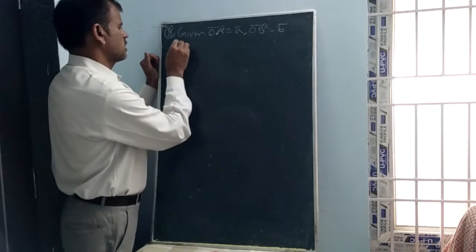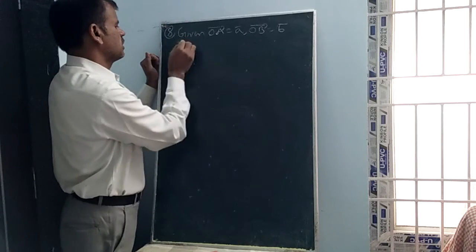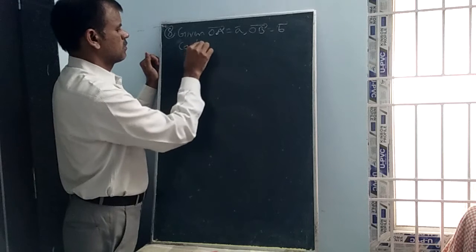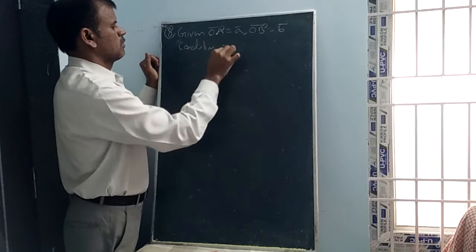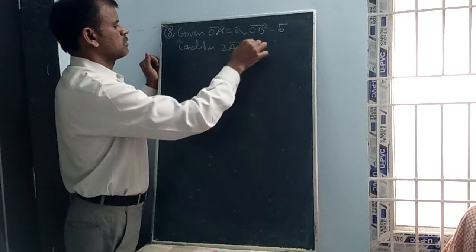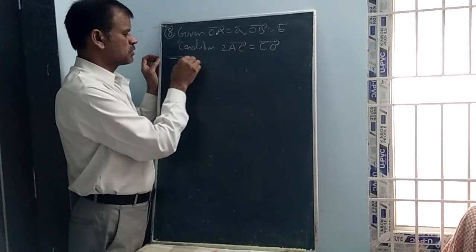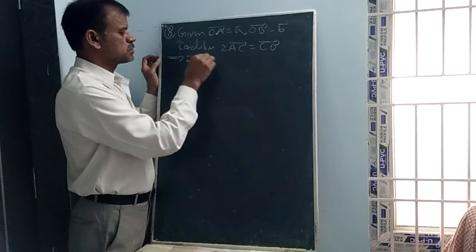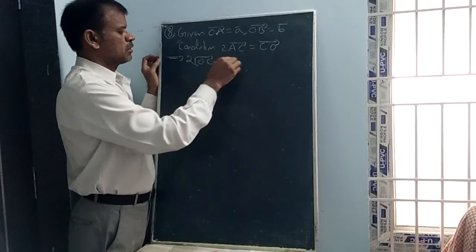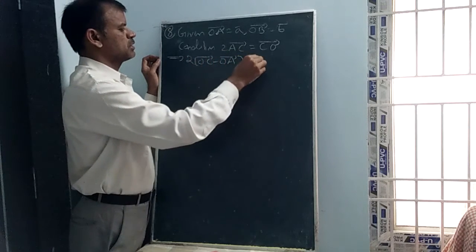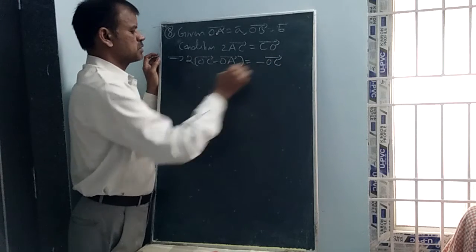Okay, let us write the condition. 2AC equal to minus OC. That implies 2 into OC minus OA equal to minus OC.